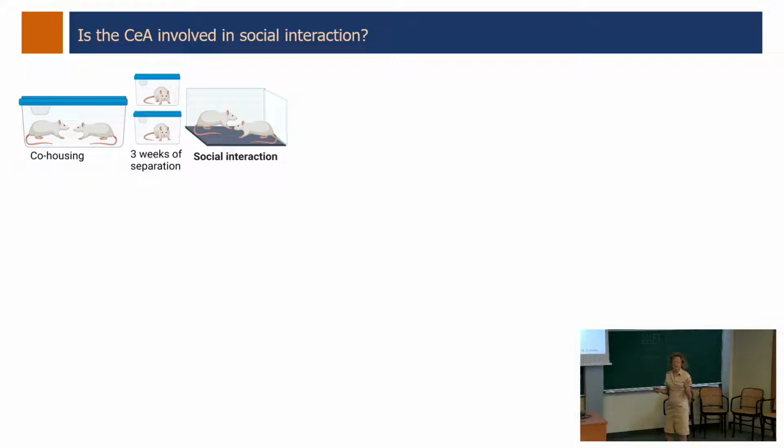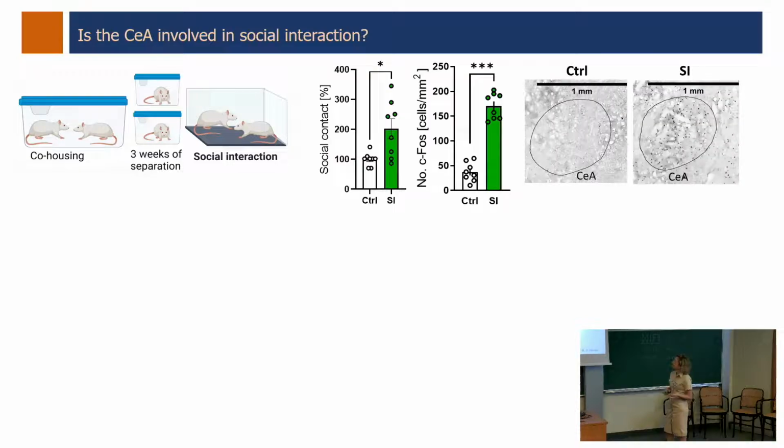We know that such reunion causes activation of the reward system, but we didn't know whether the central amygdala is activated. So first, we checked activation of the structure, and we found that, similarly to pressing the lever for food, we also saw clear activation, measured with CFOS expression, in the central amygdala.